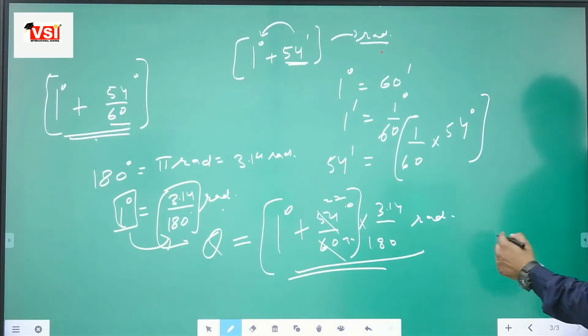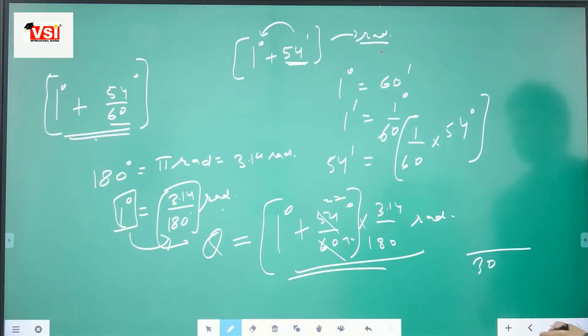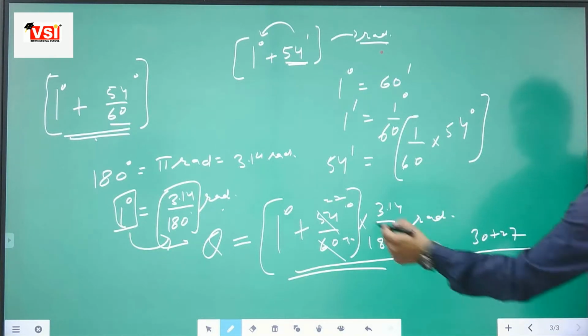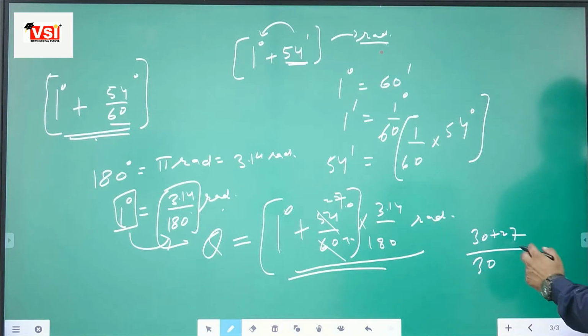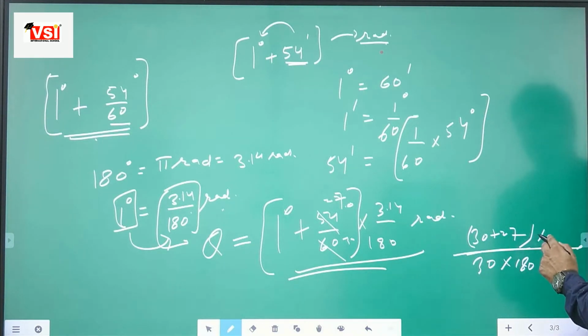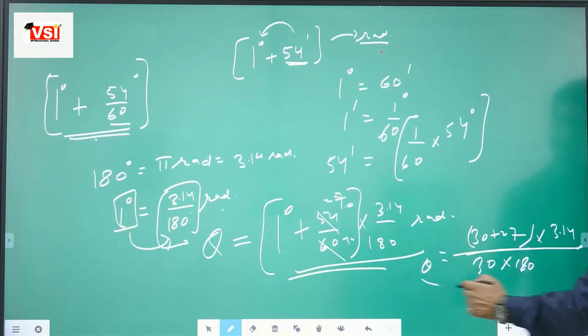So 30 is the LCM, and it could be written as 30 plus 27, multiplied by 3.14, divided by 30 into 180. So this is the value of angle theta in radian.